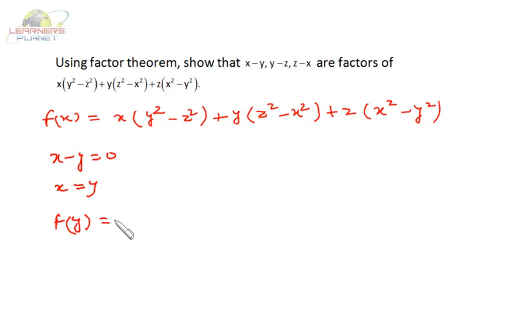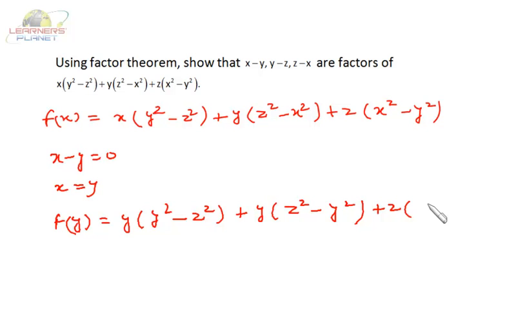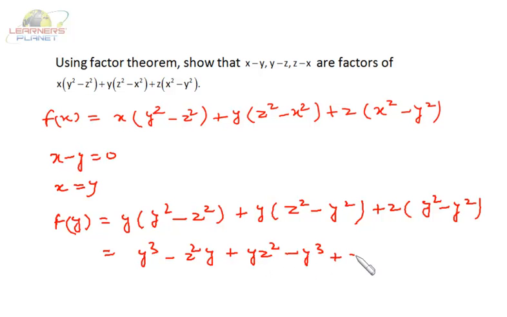Okay, so it's y into (y square minus z square) plus y into (z square minus y square) plus z into (y square minus y square). So let's solve it. It's y cube minus z square y plus y z square minus y cube plus 0. So y cube minus y cube is cancelled, and z square y positive and z square y negative, so we are getting 0.